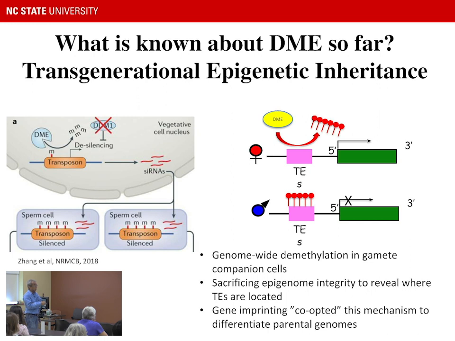Because of that, the gene gets turned on on the female side. So gene imprinting, you can think of it as kind of a byproduct of this global demethylation event, or maybe the mechanism just got co-opted by the endosperm for gene imprinting control.